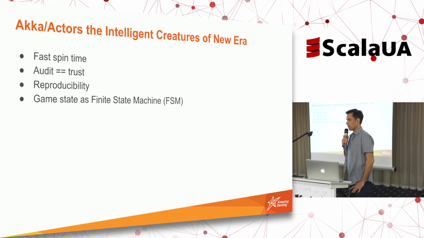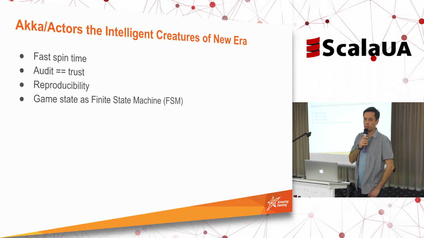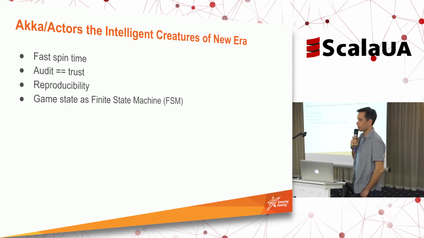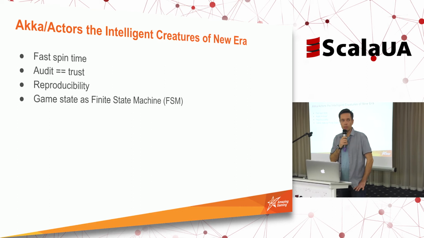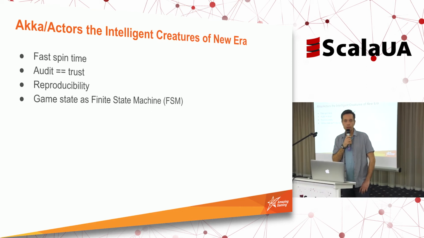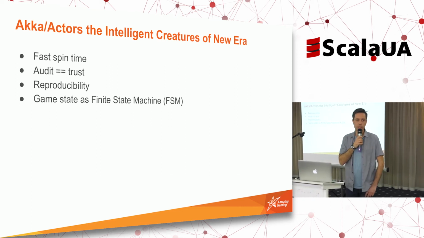So, again, as it was with the Earth's evolution, the nuclear winter allowed the appearance of new, more intelligent creatures. I'm talking about the frameworks for CQRS and for the actor model. There are obviously many implementations out there.